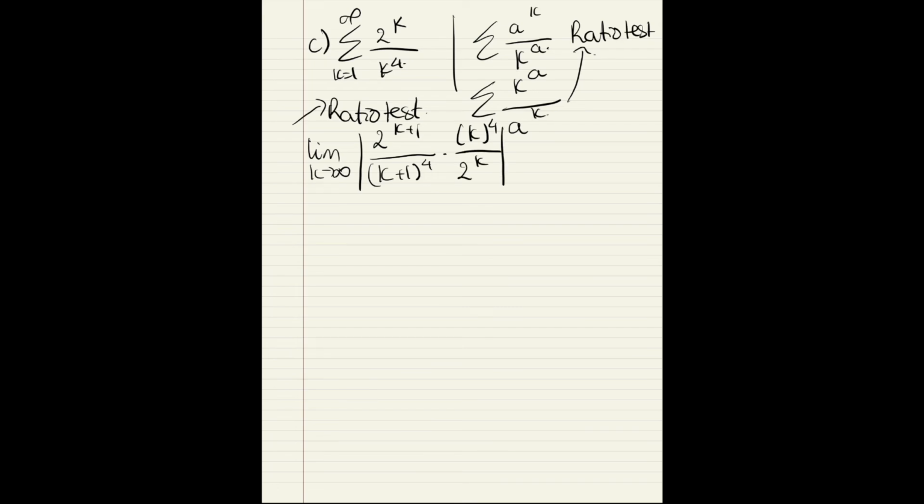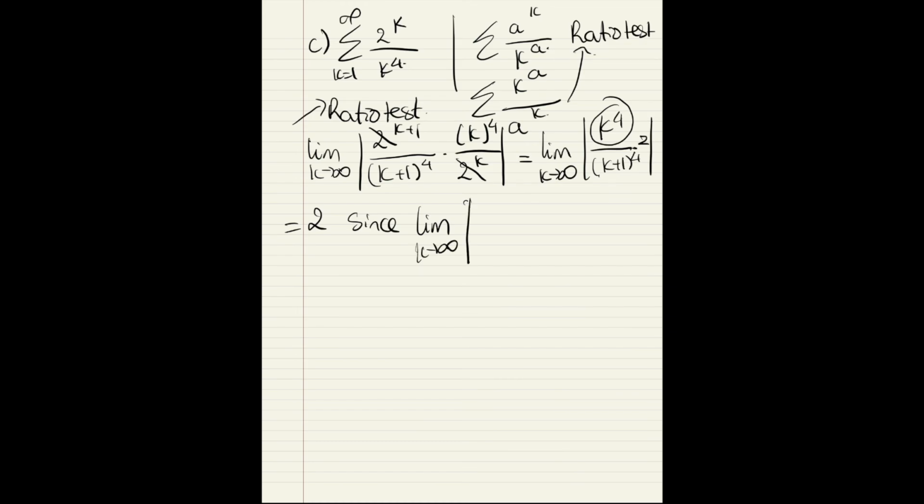So this one cancels out, and this one equals the limit as k goes to infinity of k to the fourth over k plus 1 to the fourth times 2, which equals 2, since the limit of the absolute value of 2k to the fourth over k plus 1 to the fourth equals 2.